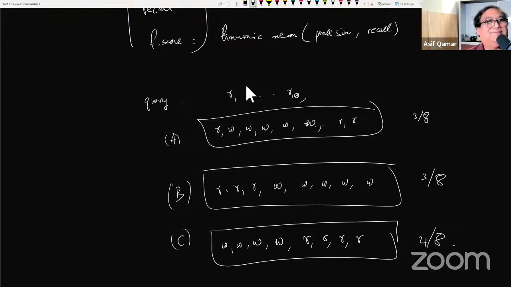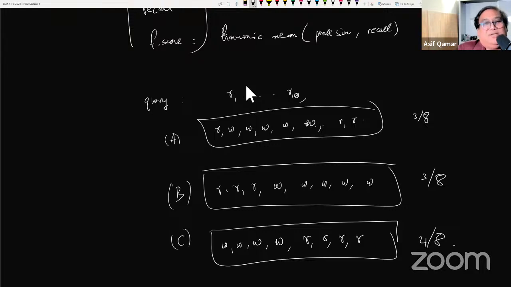Still B. So what is the lesson that you learned from comparing A to B and C to B? When you compare A to B, they have the same accuracy, and yet you prefer B.